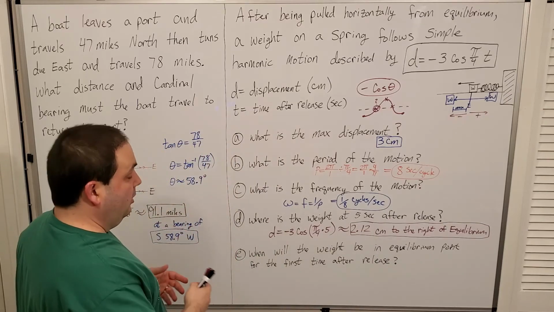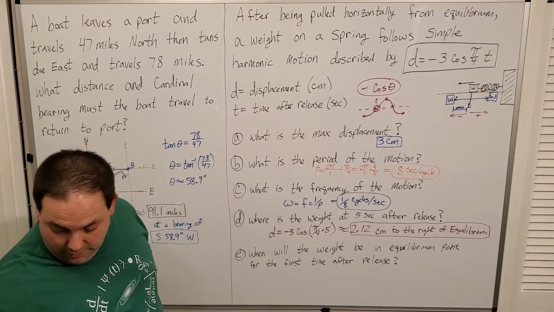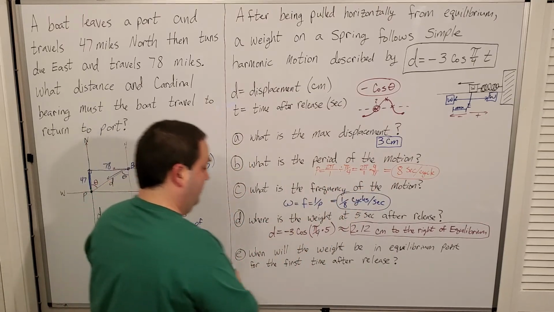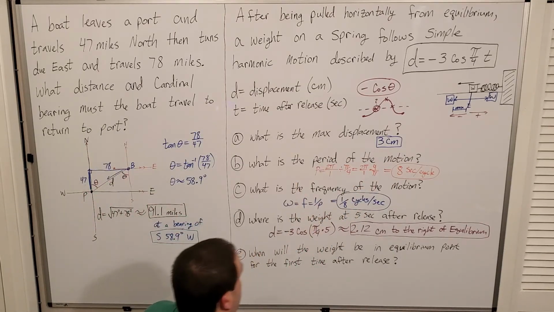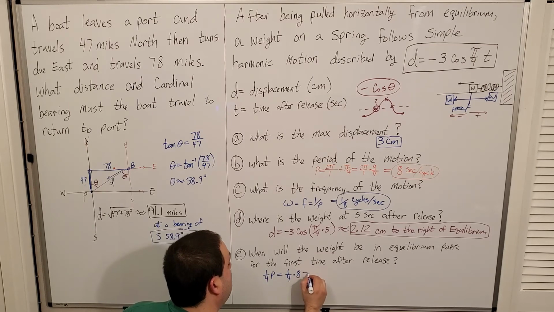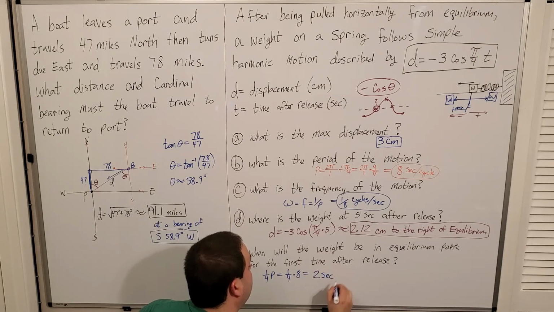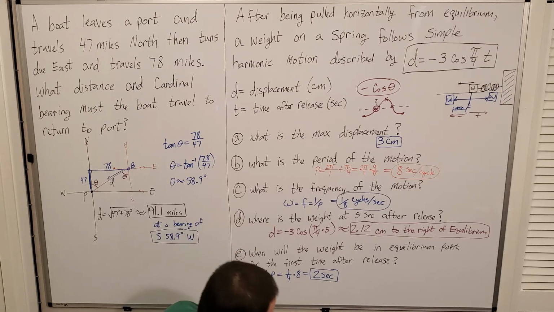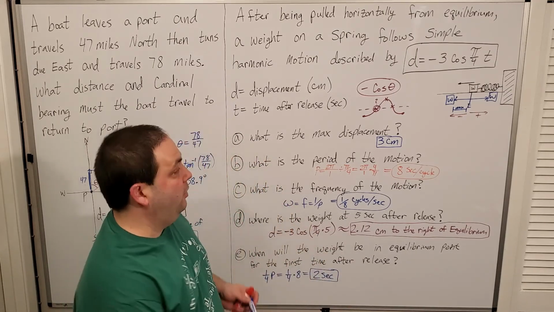Well, that's all I need to look at. What's the quarter period here? My whole period is 8. Well, my quarter period is 1/4 times 8, which is 2 seconds. And that's actually the answer. Because it's the first quarter period, right?